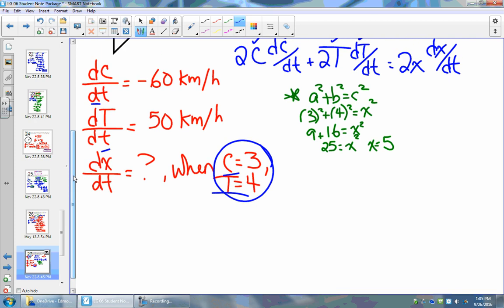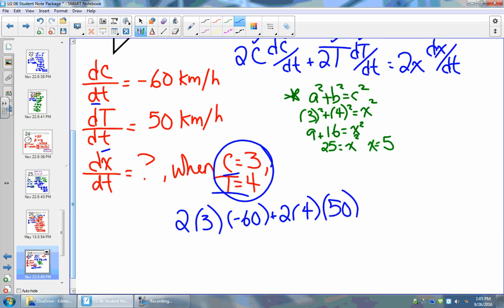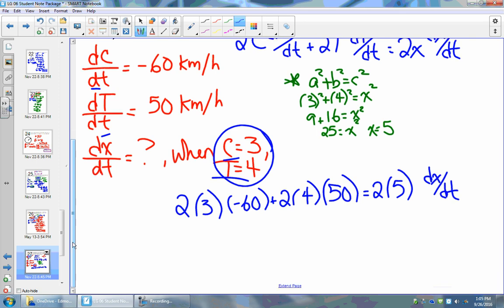So I've got 2 times c, which is 3, times dc over dt, which is negative 60, plus 2 times t, times 50, is equal to 2 times 5, which we just figured out, times dx over dt. Now we just simply calculate.